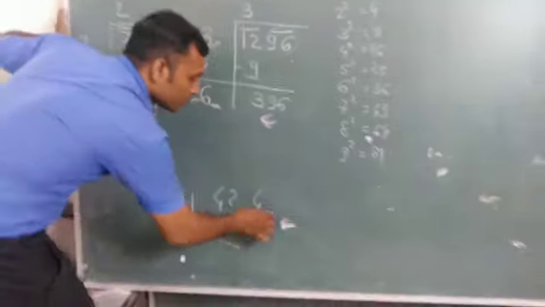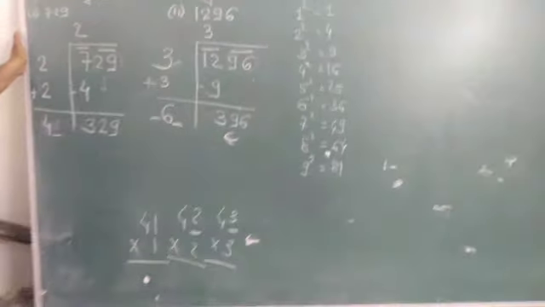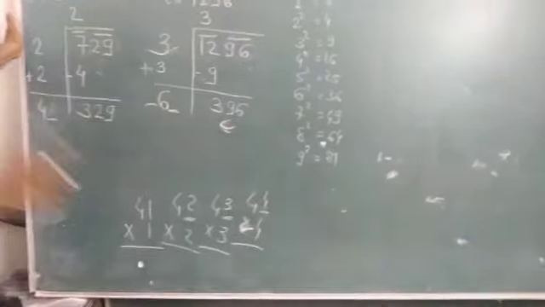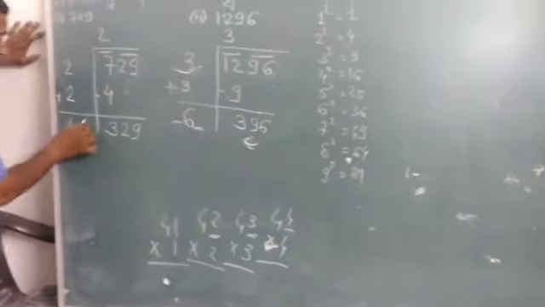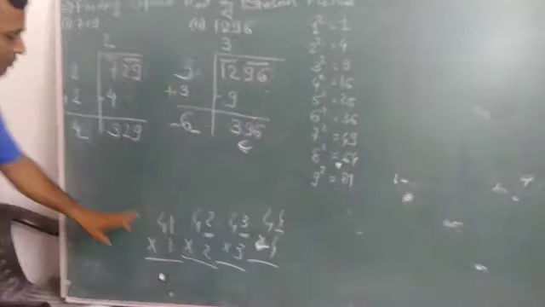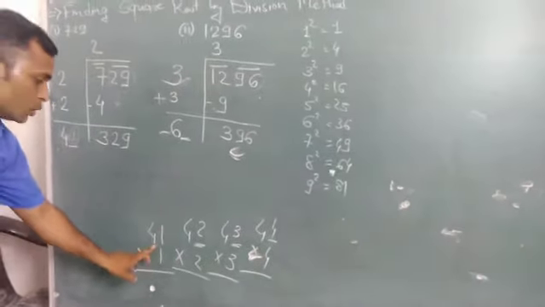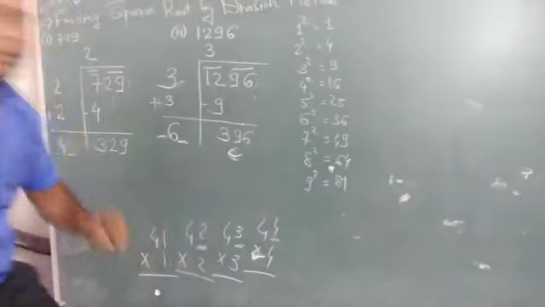If you put 3, multiply by 3. Okay, if you put 4, multiply by 4. Understand? This number and the multiplication number will be the same. 2 2, 3 3, 4 4.